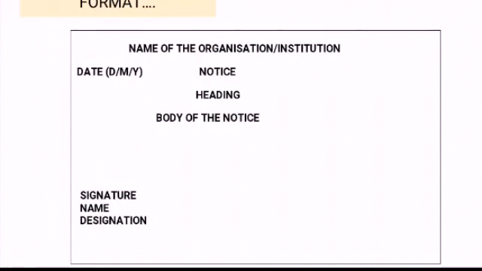As you complete the body of the notice, on the left hand side down, you have to put your signature, name and designation. So these are the format rules or guidelines of writing a notice, and this is very important, dear student, because if you fail to follow the guidelines or the format correctly, then marks are deducted here.